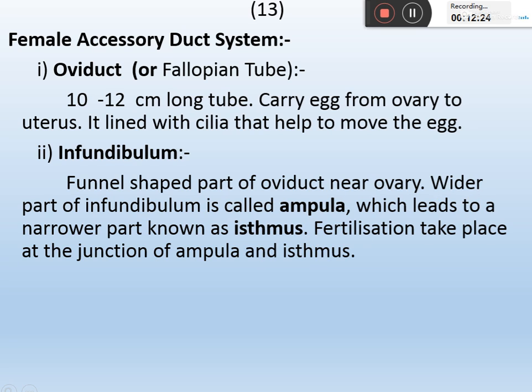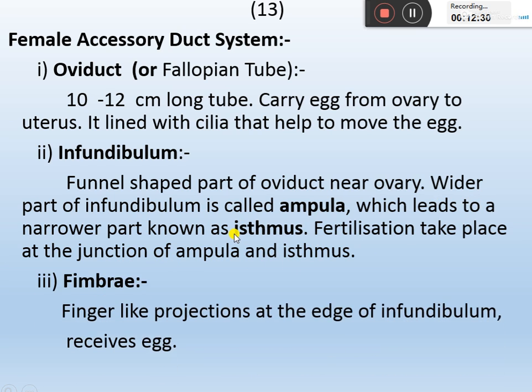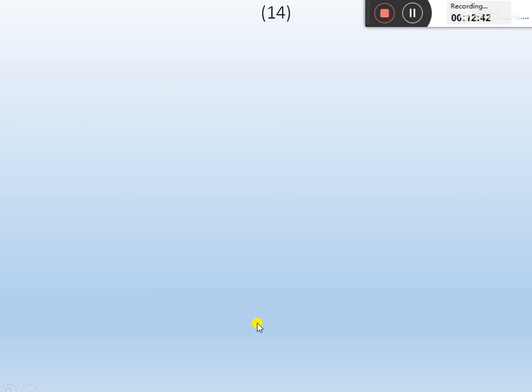Fertilization takes place at the junction of the ampulla and isthmus. This is important for examination purposes. The fimbriae are the finger-like projections at the edge of the infundibulum, which receive the egg from the ovary.